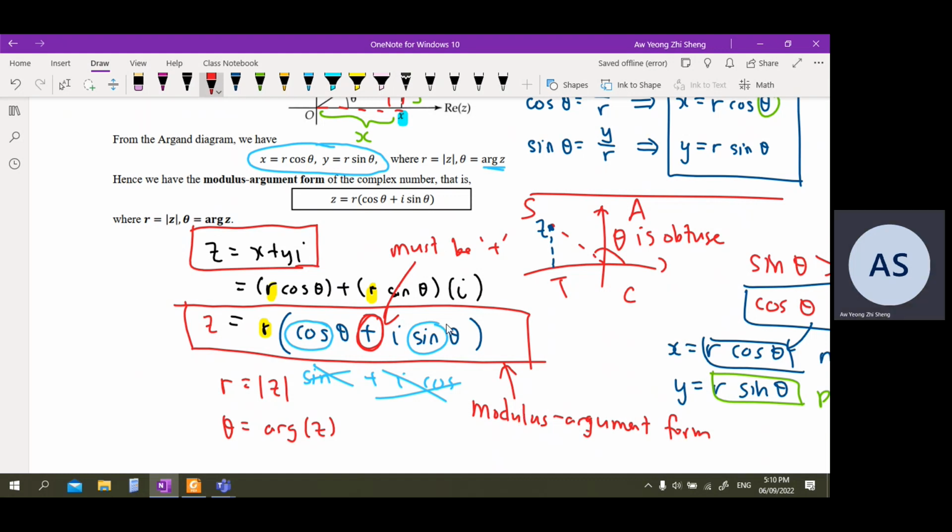In order for it to be called a modulus argument form, the sign in between must be a plus. If it is a minus here, then it is not in modulus argument form. This one we have to be very careful. Later on page 22, we will have some examples on this. Right, the sign in the middle must be plus. It's always cos plus i sin.